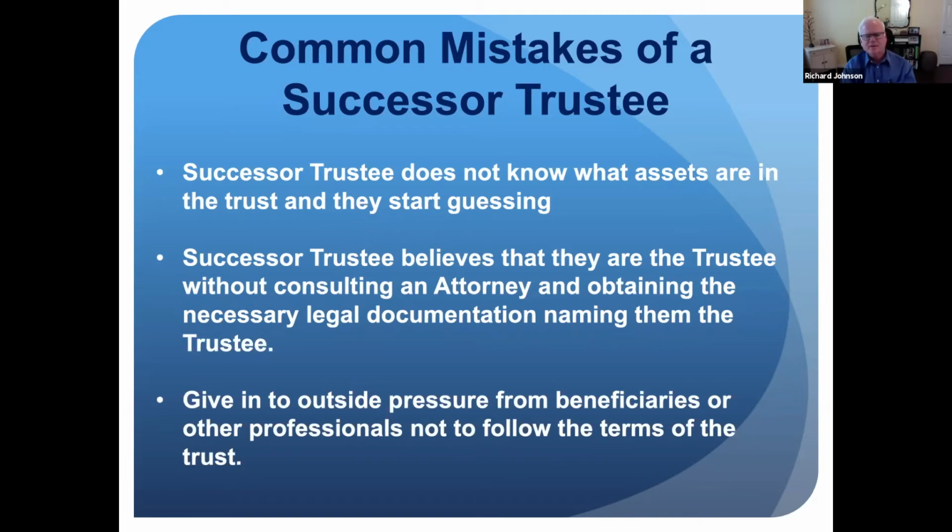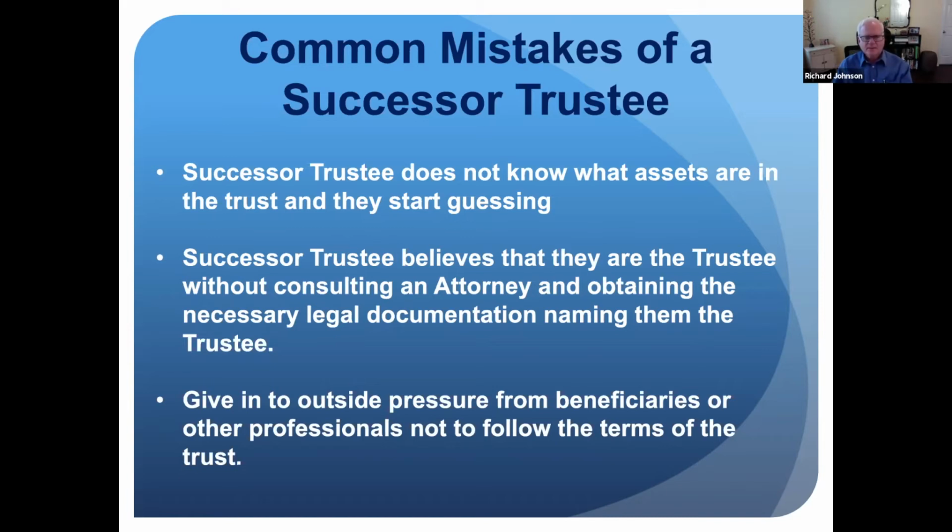There's a document, called either a certification of trust or an affidavit of trust, that legally appoints that individual as a trustee. So they can take that document to the bank or to the brokerage firm or whoever else they're dealing with, and they can actually prove that they are the successor trustee. Just because their name is in the document doesn't make them a trustee.